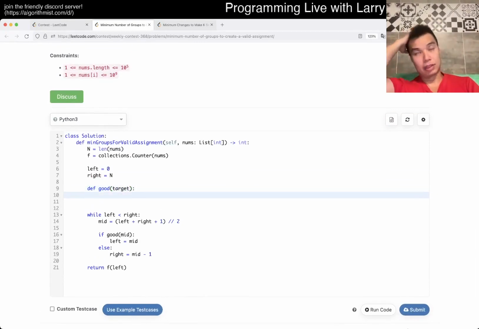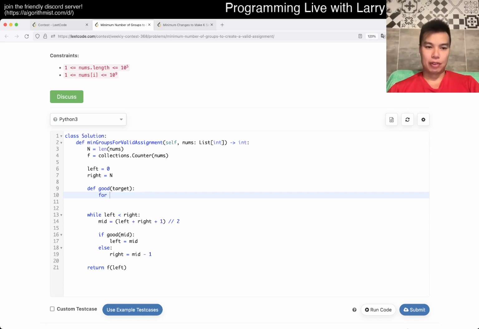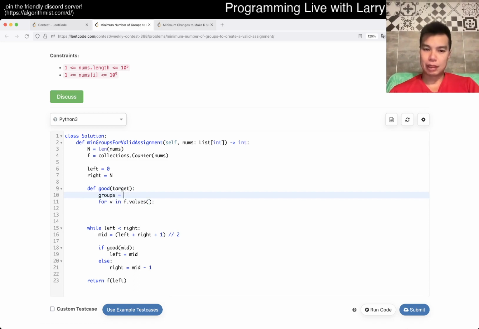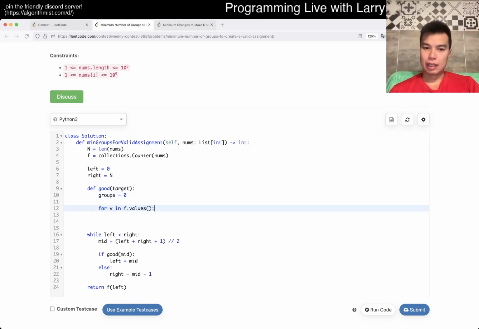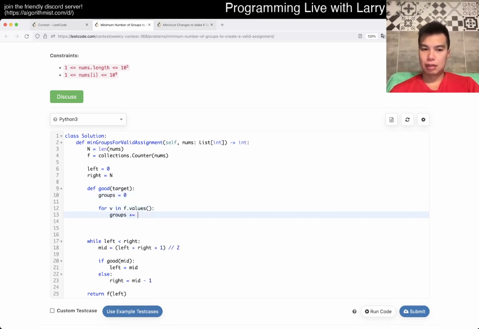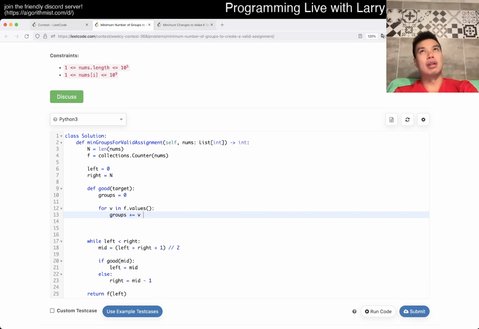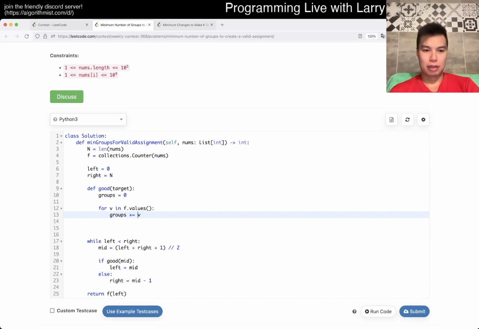Okay, so let's say this is the target. Then for v in f.values, let's say target, right?